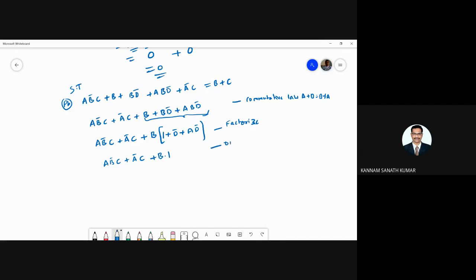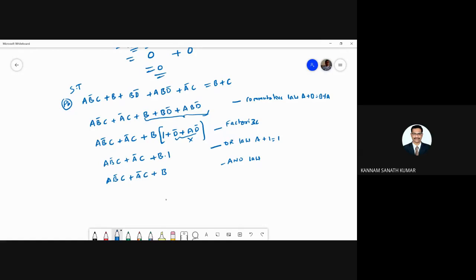Since OR law. So what is the OR law? A plus 1 equal to what? 1. So this you can take as one term. 1 plus x equal to what? 1. And next, what we are getting? AB bar C plus A bar C plus B. So this is from the AND law.